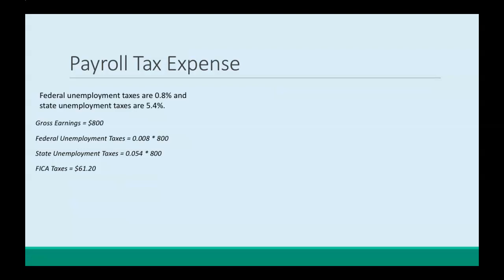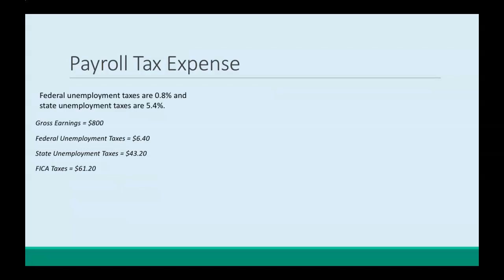So your federal unemployment, we take 0.8%, which is 0.008, times our gross earnings amount of $800, and that gets us $6.40 of federal unemployment taxes. State unemployment, we take 5.4% or 0.054 times 800, our gross earnings, and state unemployment is $43.20.